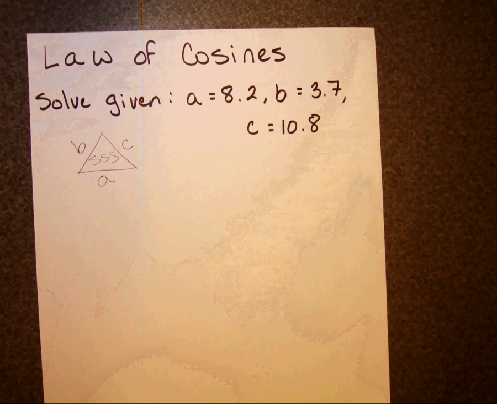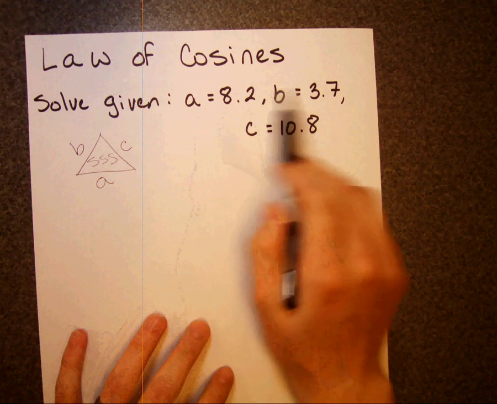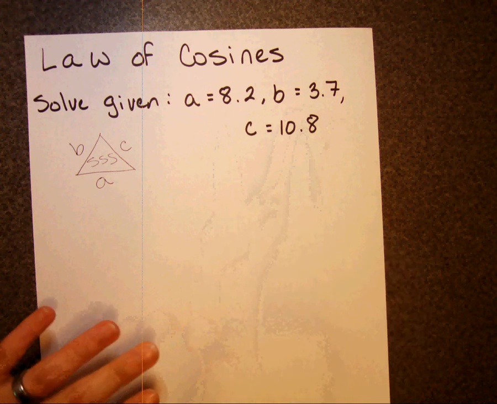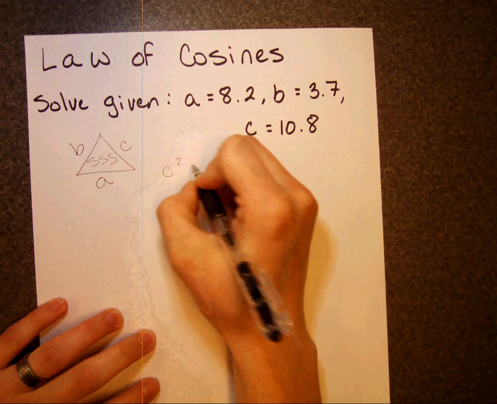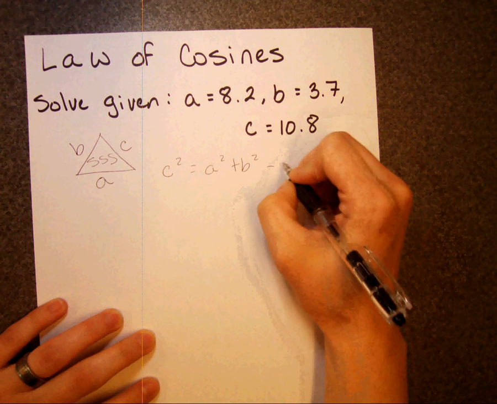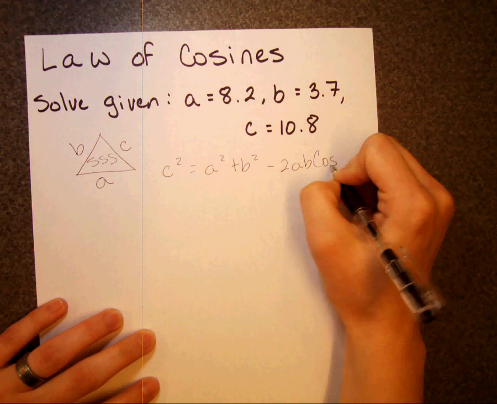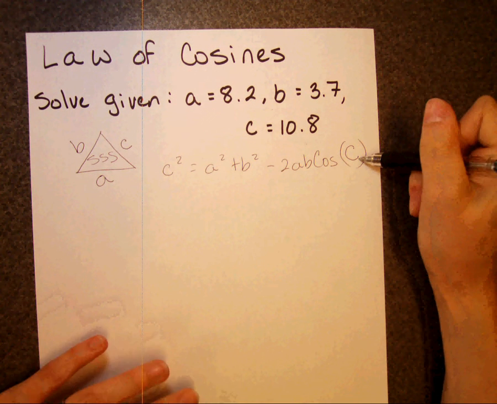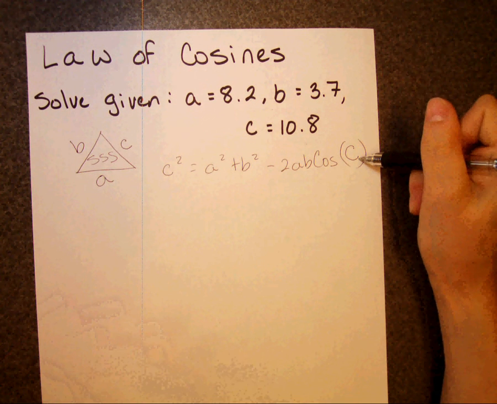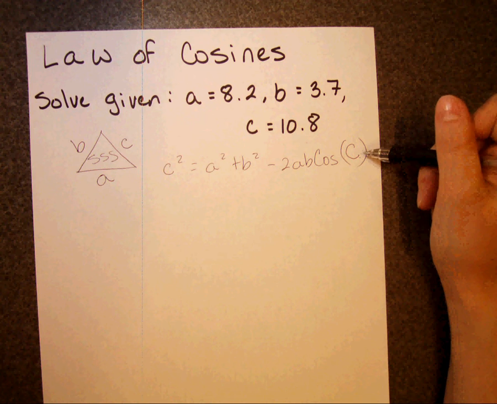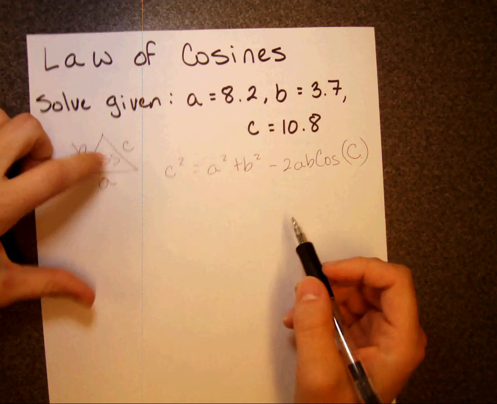How am I going to know what the largest angle is? I'm going to look at the largest side. In this case, my longest side is C, so I'm going to start with C squared equals A squared plus B squared minus 2AB cosine of angle C. Now I'm trying to find the angle, so I'm going to have to use the inverse of cosine.